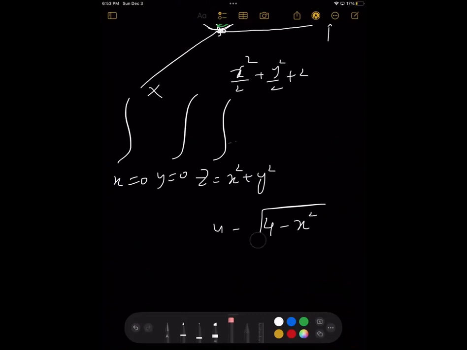Okay, let me explain more. So we have z is equal to x squared by 2 plus y squared by 2 plus 2.